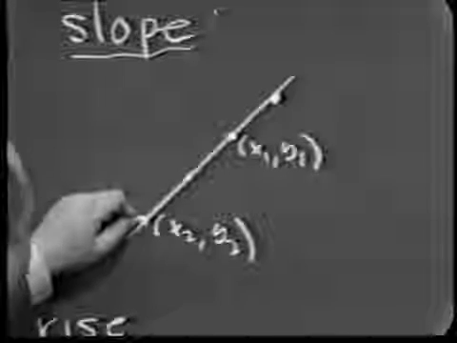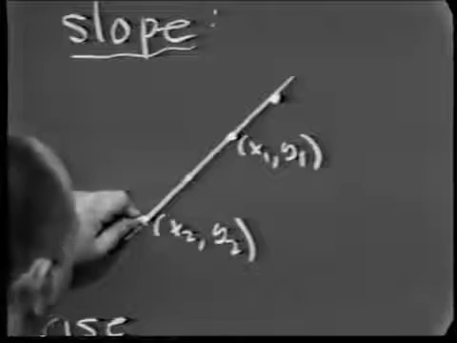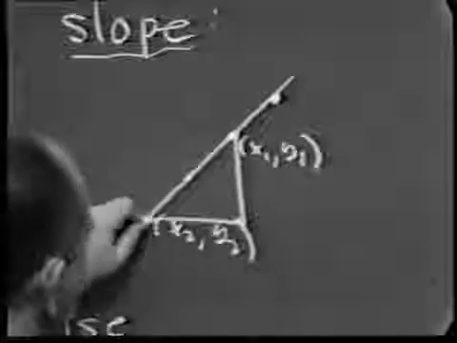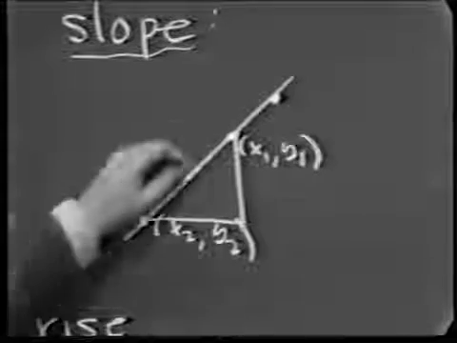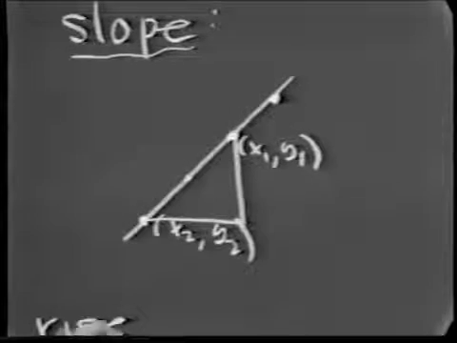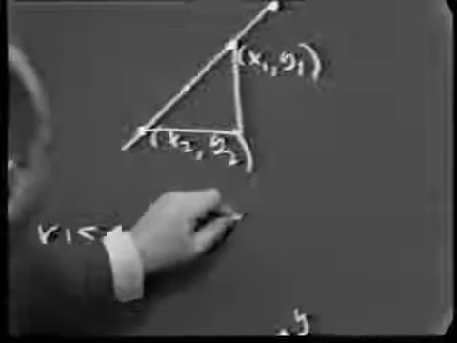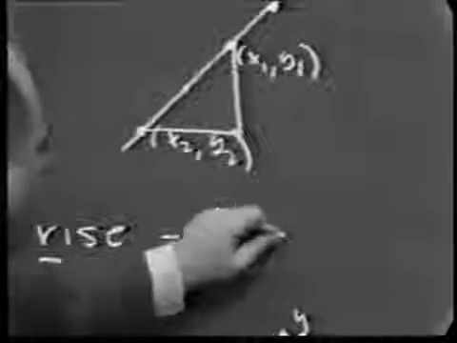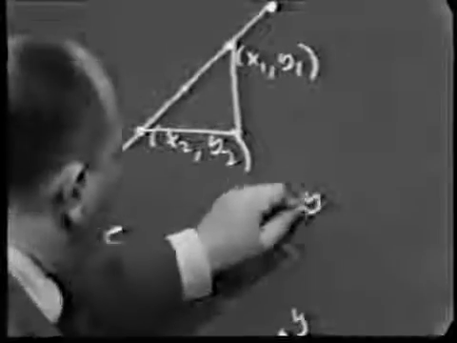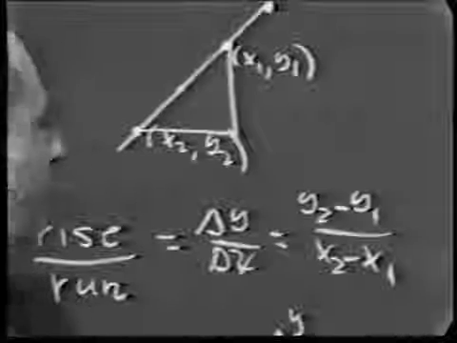And from those 2 points, we can measure what we call the run of the line, in other words, how far you've gone this way, and the rise of the line, how much it's risen this way. And what we do is we define the slope to be the rise divided by the run. Or, without the delta notation in here, y2 minus y1 over x2 minus x1.